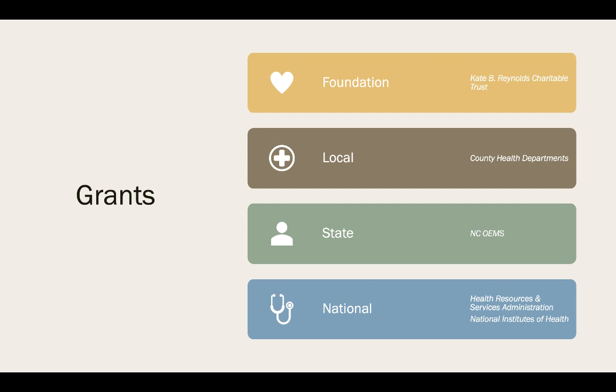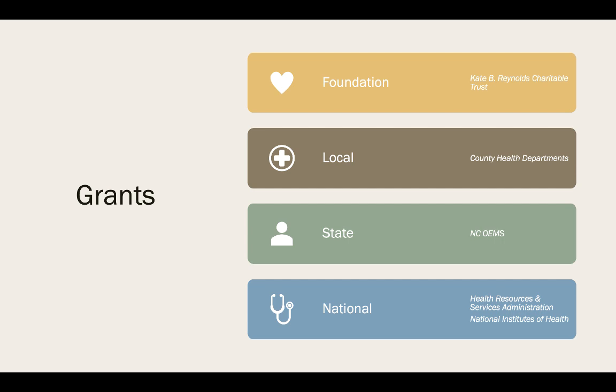They operate in North Carolina, and it's just a private foundation set up by private donors and other entities. These are non-governmental, and we'll talk about these a lot more in our grant writing week and lecture. Other grants you might find: local, state, and national governmental grants, public grants.